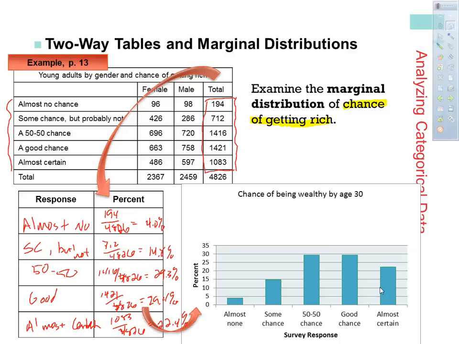So the bulk of these young adults feel like they're going to be rich by the time they're 30, which is good. I think everybody thinks that in some form. Unfortunately, it doesn't always work out, but that's a whole different story. So there's your marginal distribution.